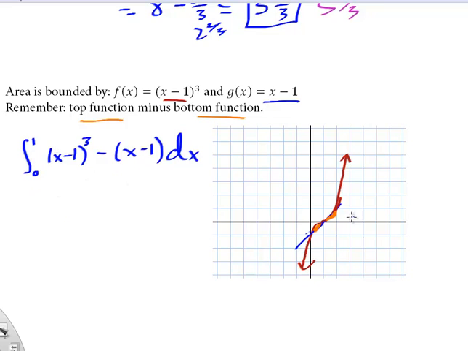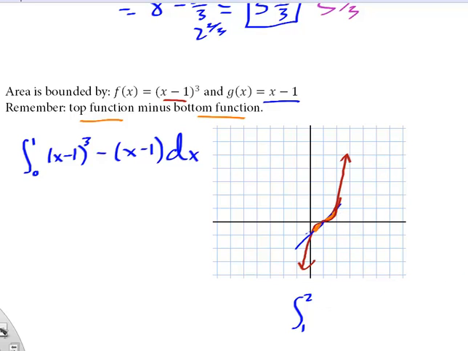Then I would have to add technically another integration. The second part of this would be adding the integration of not 0, but from 1 to 2, where we have a flip-flop of what's on top and what's on the bottom. If you remember, I had to redraw this so that the bottom was clearly the cubic underneath here, and the top was the line.